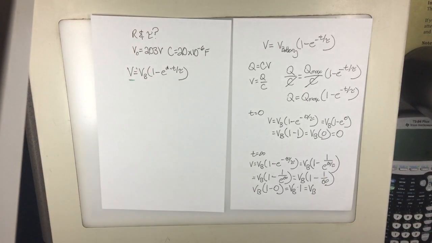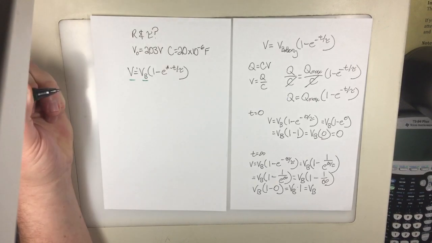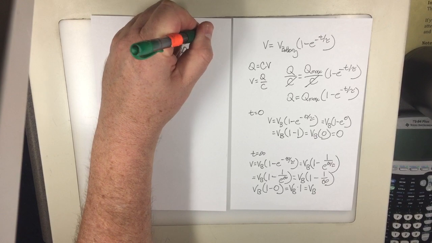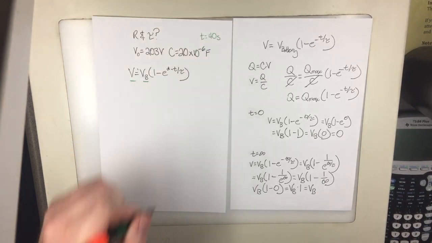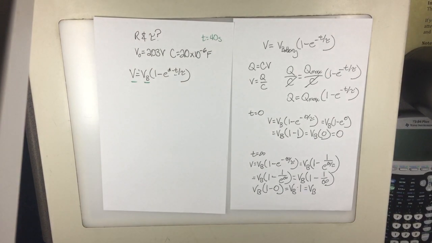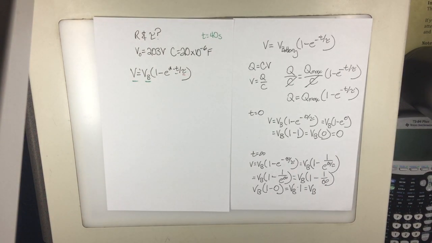I gave you the voltage of the battery, V naught, so I know what that is. I know what the time is: the time is equal to 40 seconds. The only thing that I don't know is tau. And so I'm going to solve for tau.